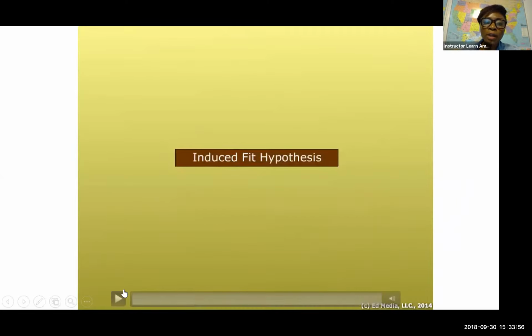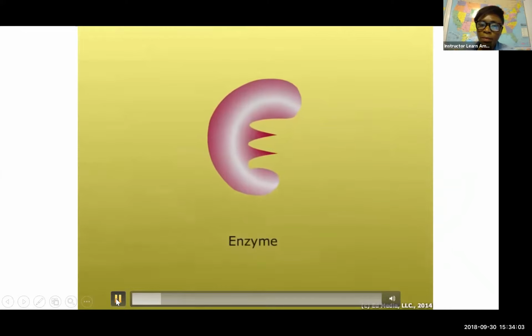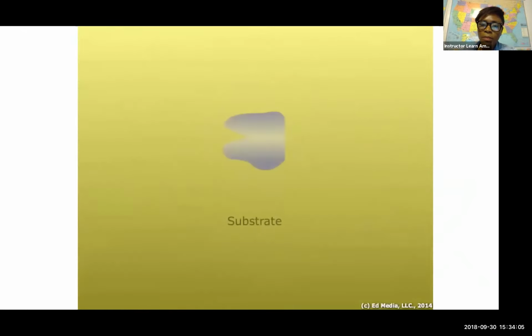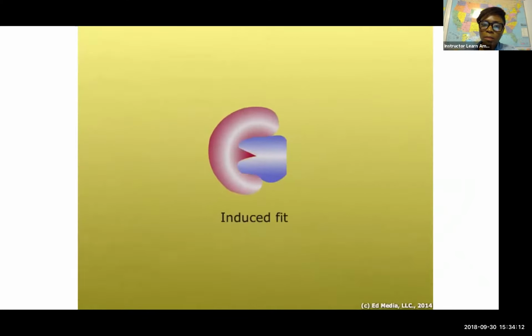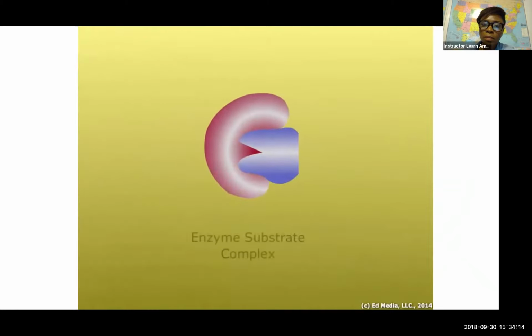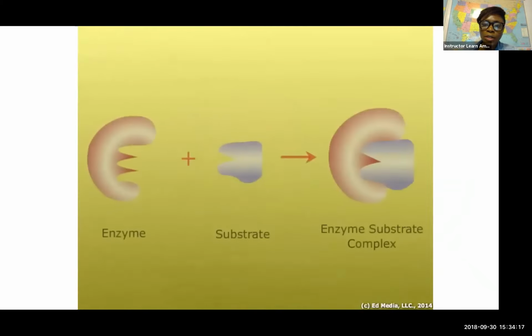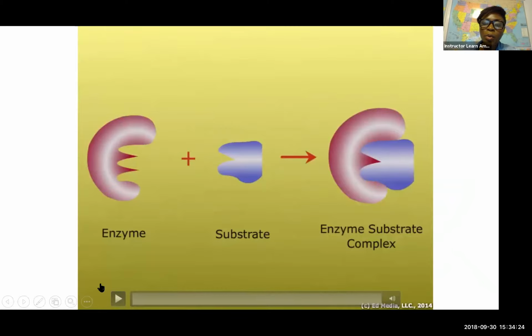And so the last part of the enzyme concept I want to review is the induced fit hypothesis. So we've already seen that portion. Here's the complex that's formed. And so that portion is controlled by, once again, it has to have that specific fit to make it work.